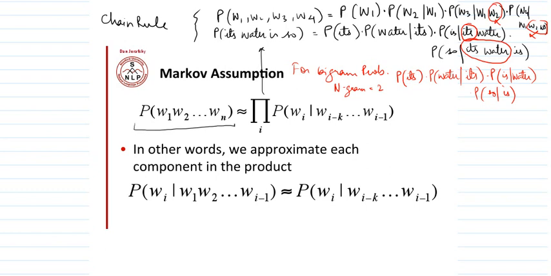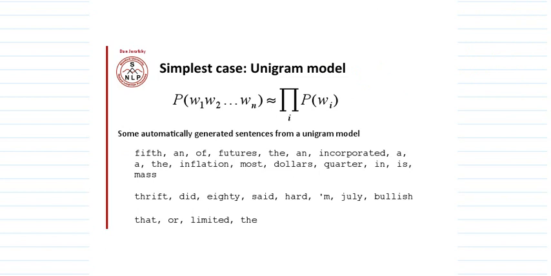When we take n is equal to 1, it's simply the unigram probability. So probability of this whole sentence will be just probability of all the words, that is P of W1 multiplied by P of W2, dot P of W3, dot P of Wn.